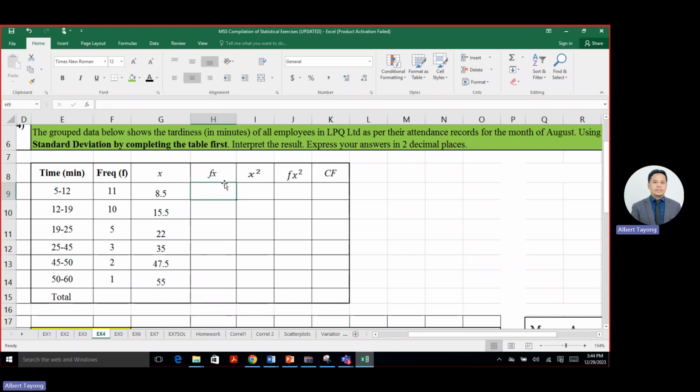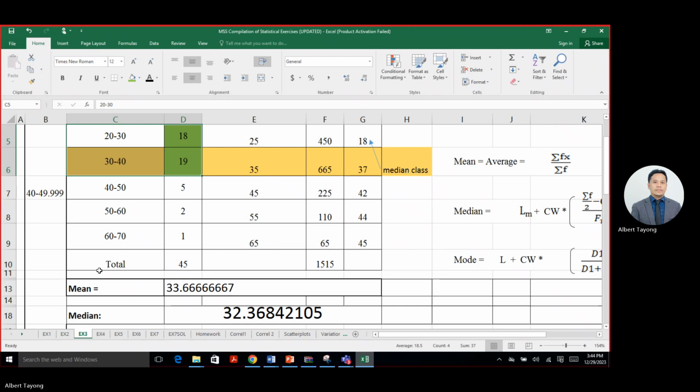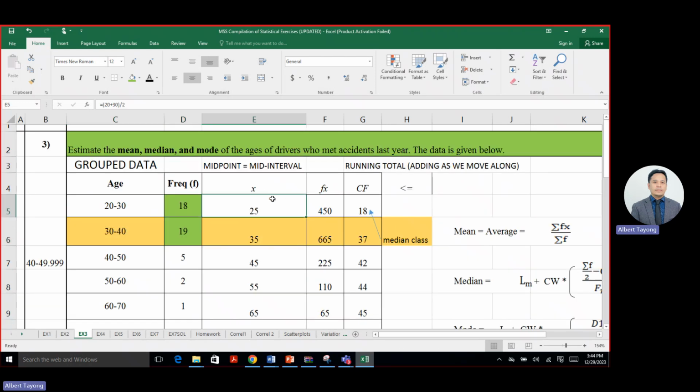So fx is to multiply the frequency, and of course the x, our mid interval. 8.5 is the midpoint between 5 and 12. That's the meaning of mid interval. So here, 25 is the midpoint between 20 to 30. Here, 30 to 40, the midpoint is 35.